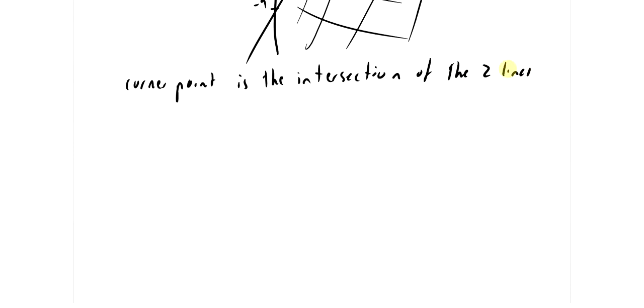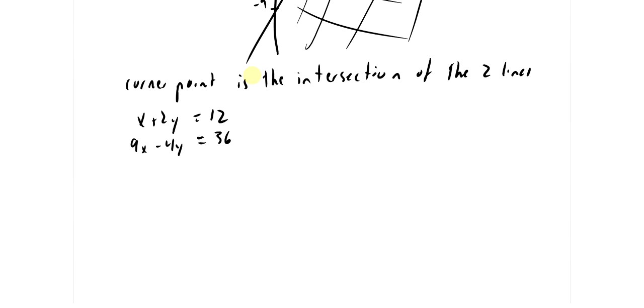So the two lines we have are x plus 2y equals 12 and 9x minus 4y equals 36. I need to find out what the point of intersection is, right? I need an x and y that solve both equations at the same time.